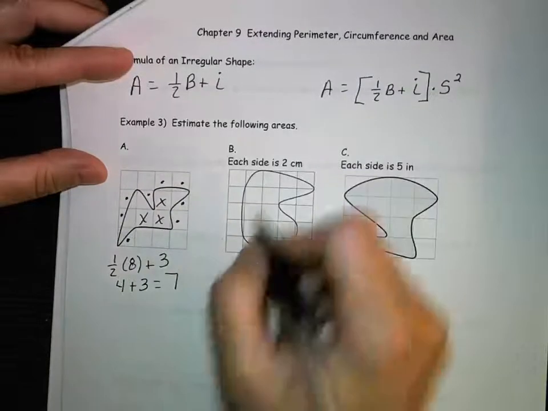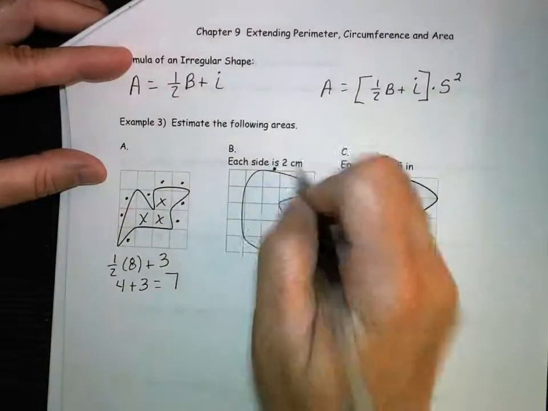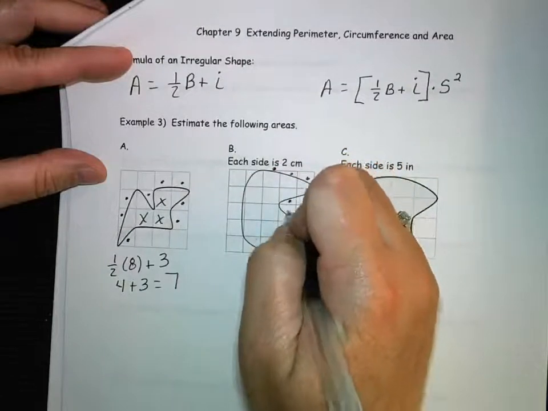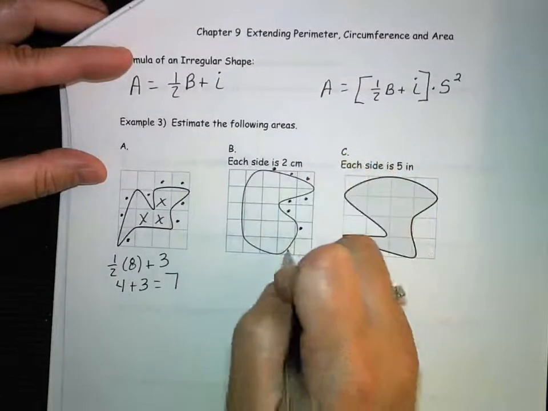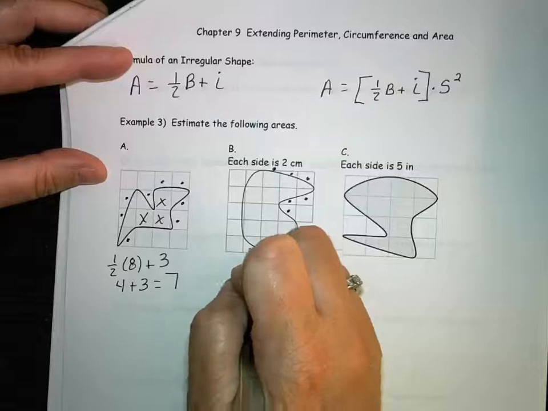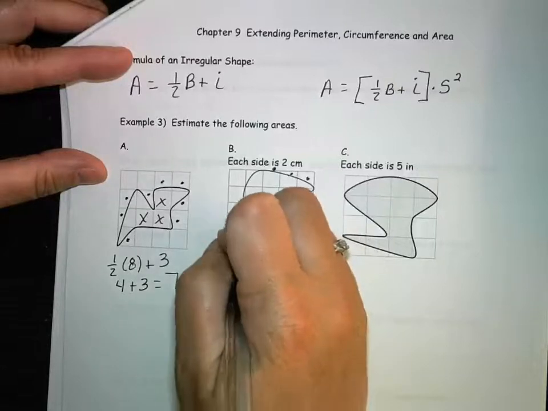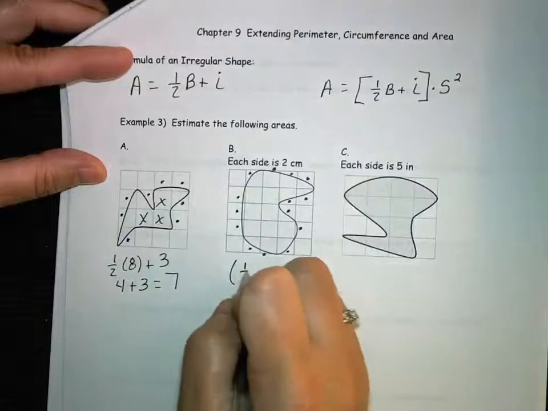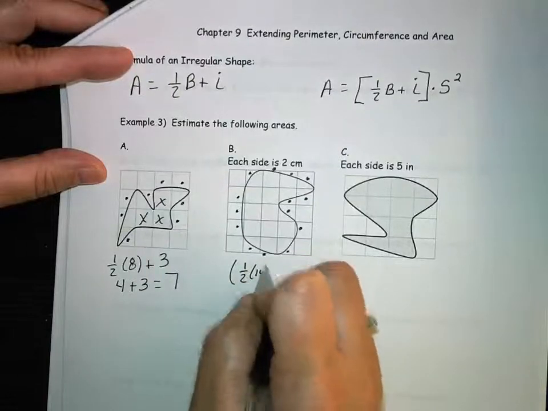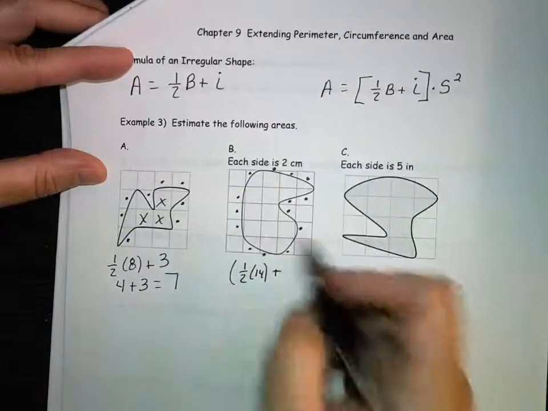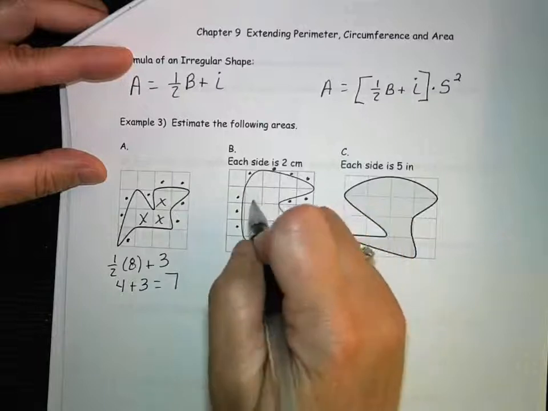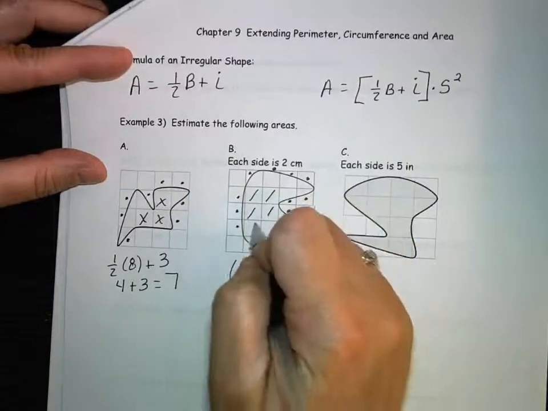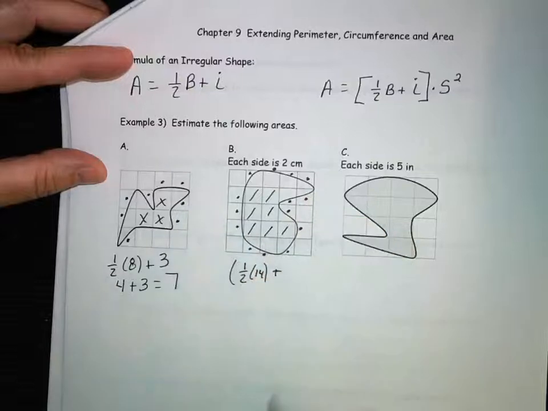Letter B, I'm going to start up here. 1, 2, 3, 4, 5, 6, 7, 8, 9, 10, 11, 12, 13, 14. So we have 14 border pieces. Full interior boxes, we have 1, 2, 3, 4, 5, 6, 7.